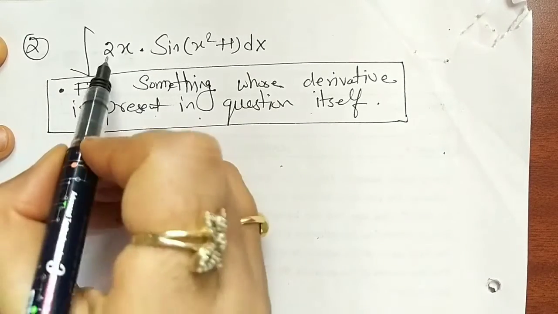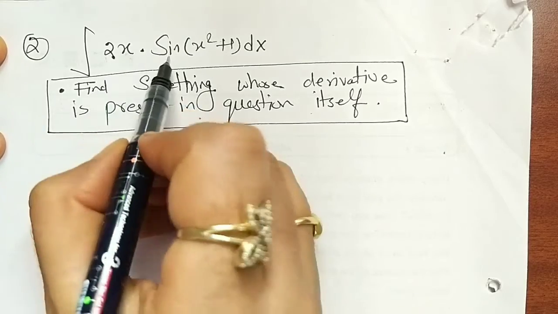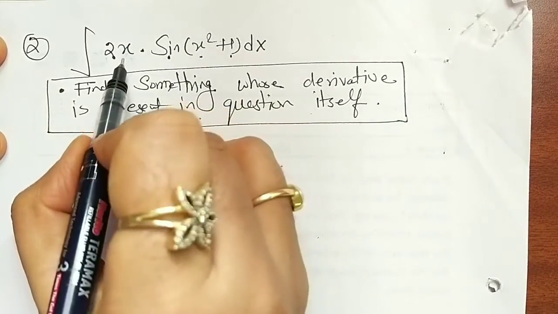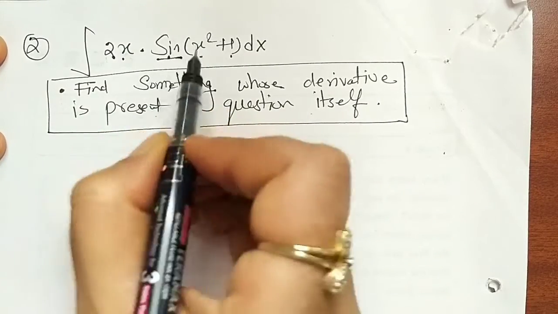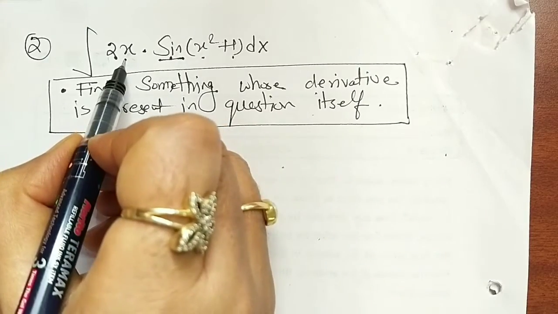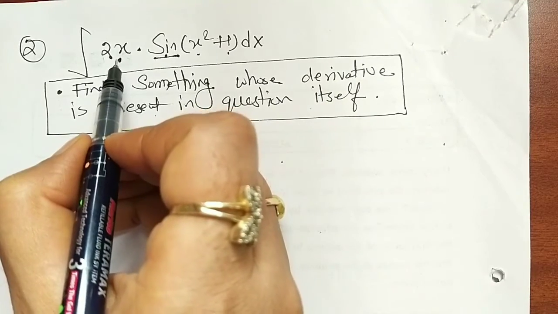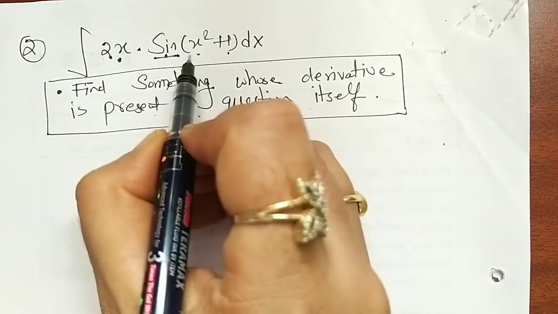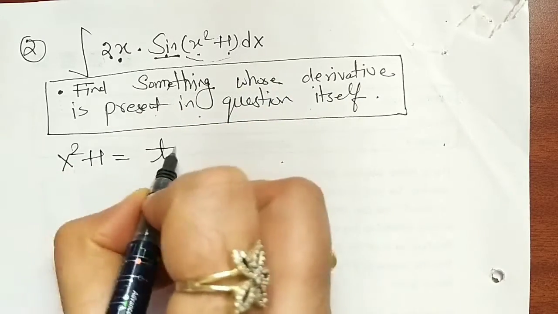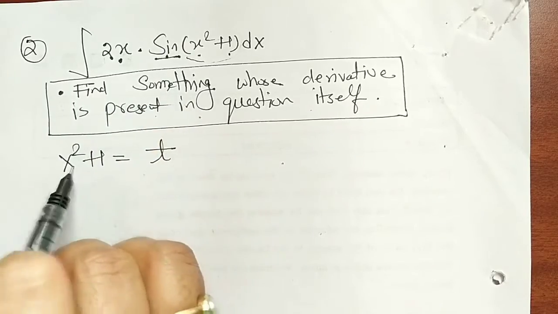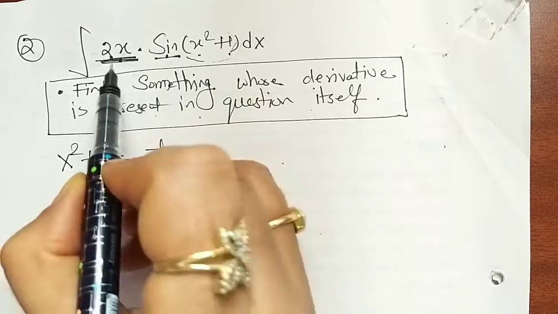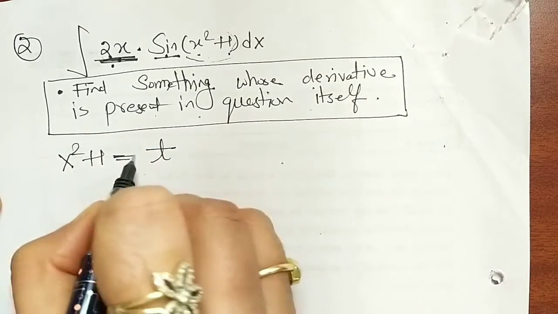Okay, so you see this is 2x, this is sine, this is x square plus 1. So you have to look for something whose derivative is present. If I take sine, sine's derivative is cos, and cos is not present here. If I choose x, x's derivative is 1, and a lone 1 is not there. But if I choose x square plus 1 as t, then its derivative is 2x, which is present in the question. So whatever you find whose derivative is present, that becomes your t.